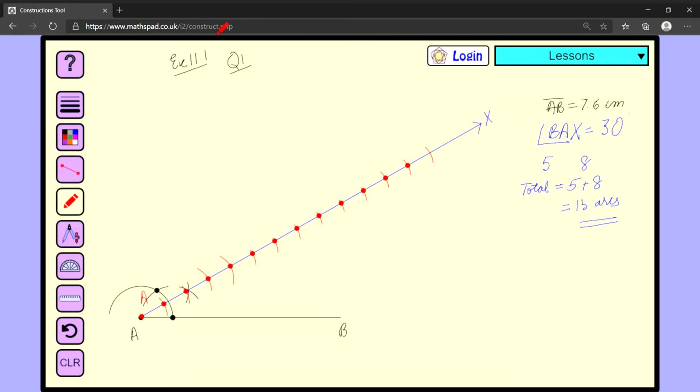I'm going to name these. Let the first one be A1, then the next one will be A2, A3, A4, A5, A6, and so on up to A13.